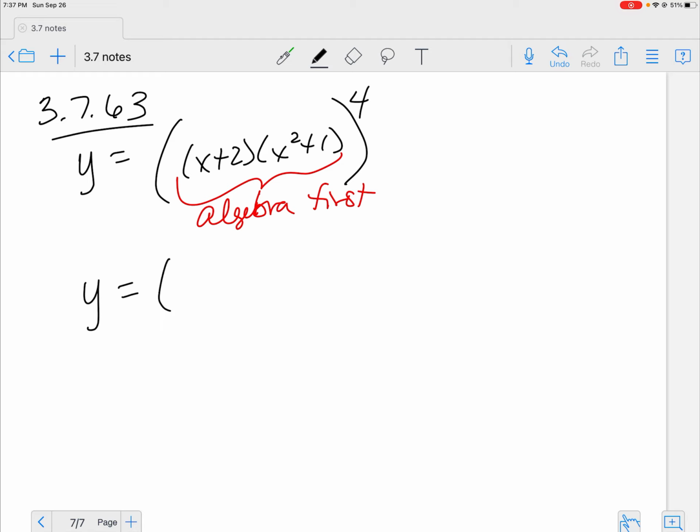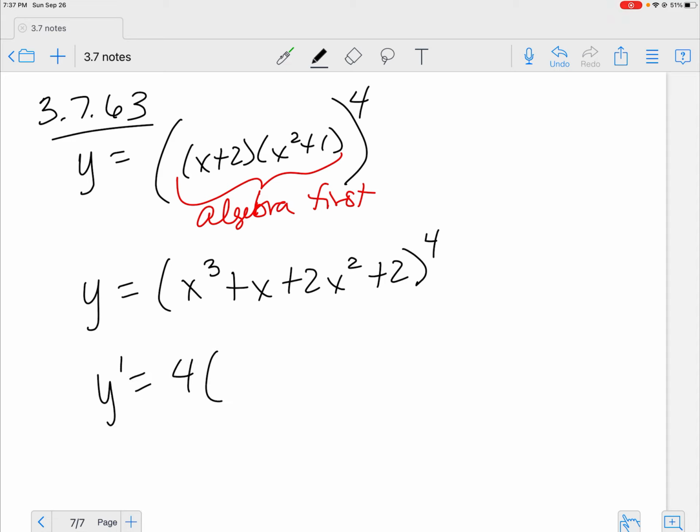Okay. So when I FOIL this out, x cubed, right? First, outer, inner, last. x cubed plus x plus 2x squared plus 2, to the 4th power. And that is easy, right? Yeah. So y prime, first time I'm taking a derivative, I still have an outside function here.